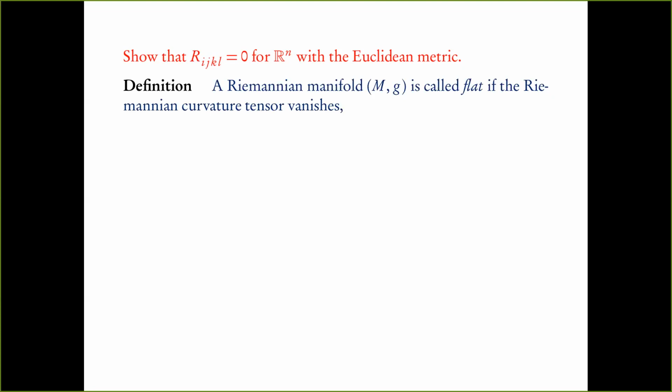So we call a Riemannian manifold, meaning a smooth manifold M with a Riemannian metric g, flat if the Riemannian curvature tensor vanishes, which means R as a tensor acting on 4 input vector fields should always give me 0. Okay? But that is equivalent to computing this thing locally, which is equivalent to showing that Rijkl is 0.